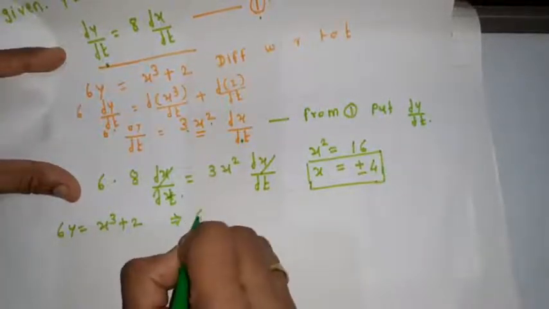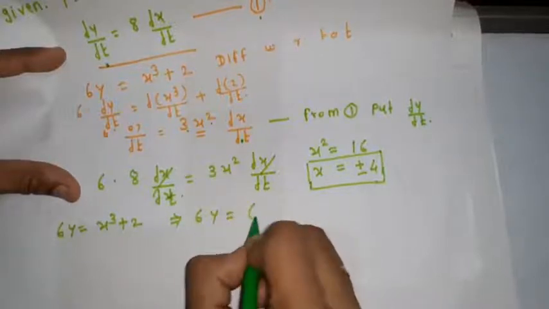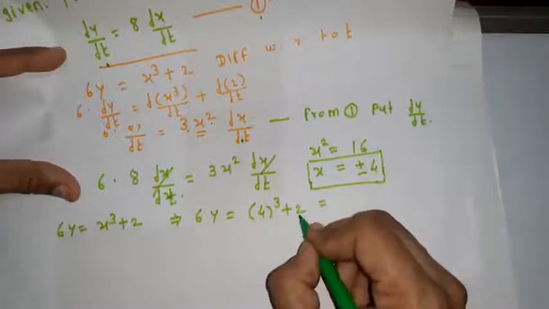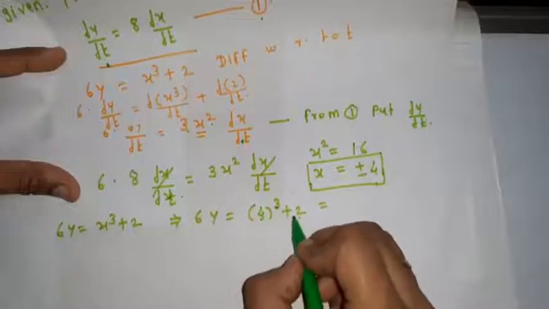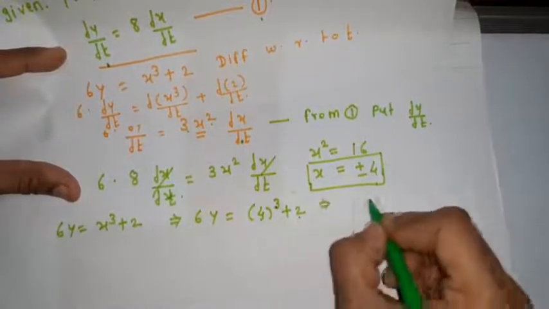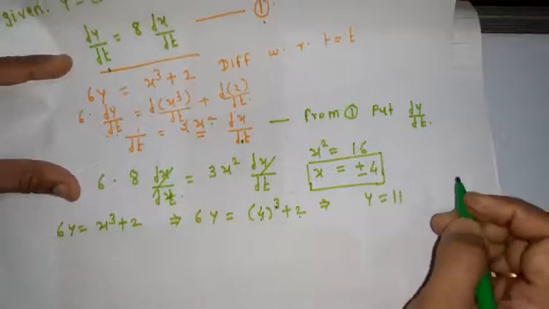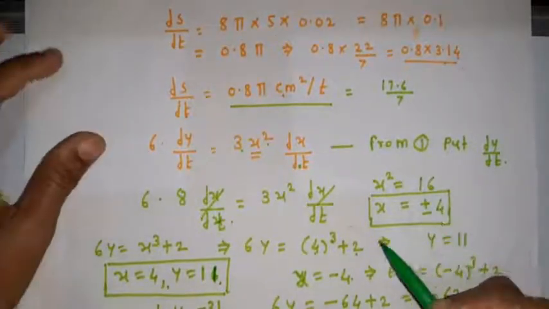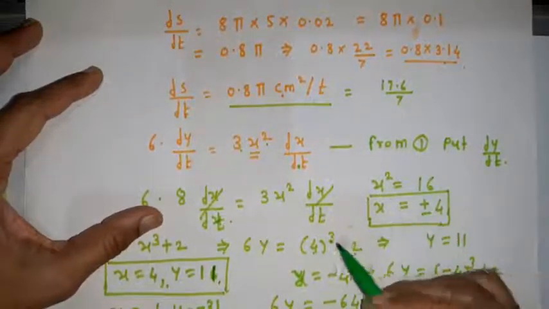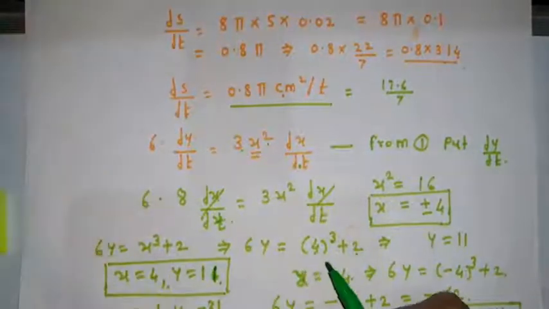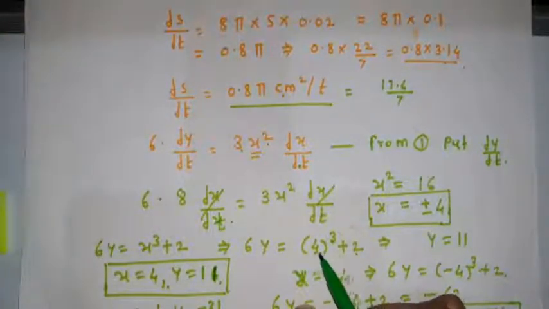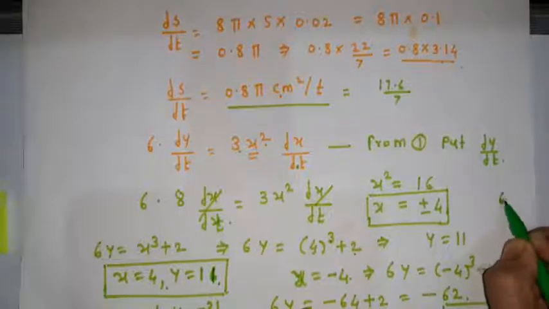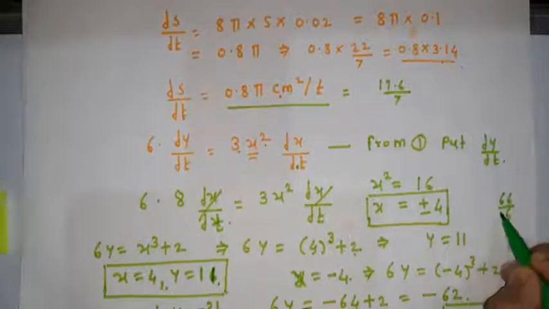This implies 6 into y equal to 4 raised to 3 plus 2, and that is equal to 64 plus 2. 4 raised to 3 is 64. 64 plus 2 is 66, and this implies y equal to 66 upon 6, that is y equal to 11.